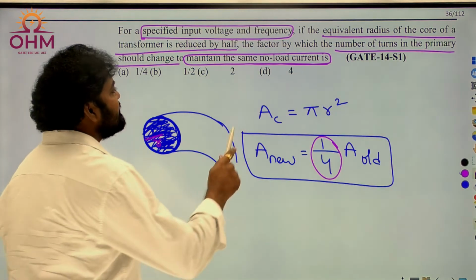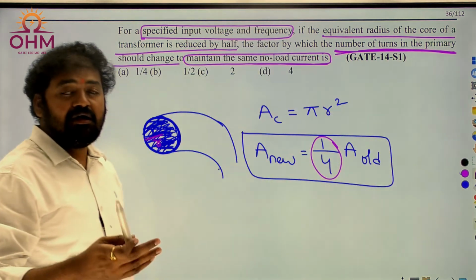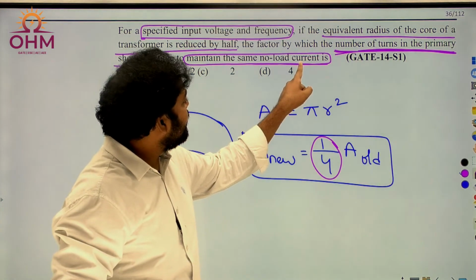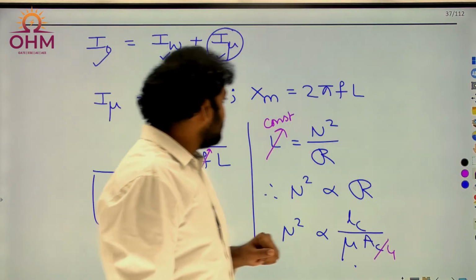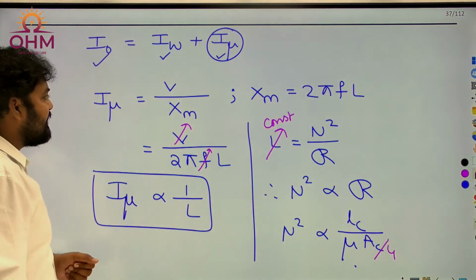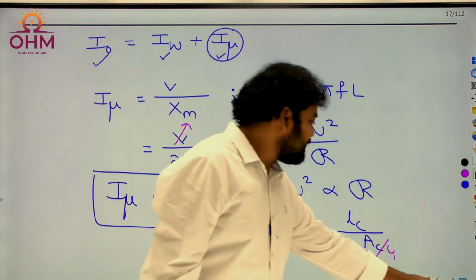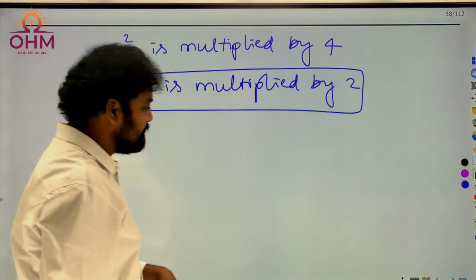But our aim is to find the new number of turns. You need to calculate what should be the change in number of turns so that you keep no load current constant. So what is the first observation? Magnetizing current will be constant only when number of turns are multiplied by 2. This is the first conclusion.